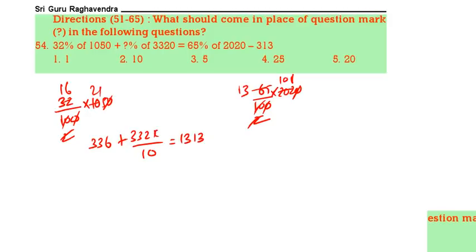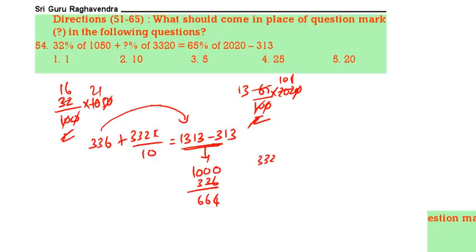This is 1313 minus 313. That is 1000. So this value is equal to 1000. This 336, if it goes to the other side, it becomes minus. Then 664. So 332 x by 10 is equal to 664. 2 times x value 20. 20 is the correct answer.